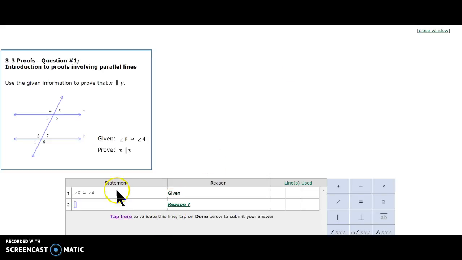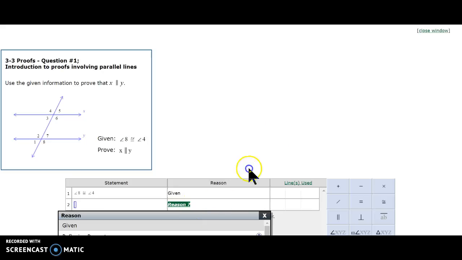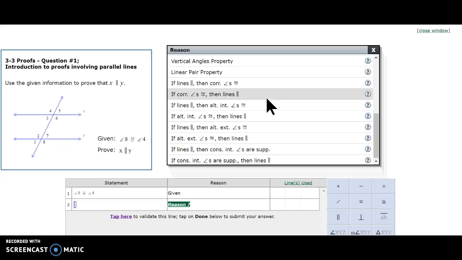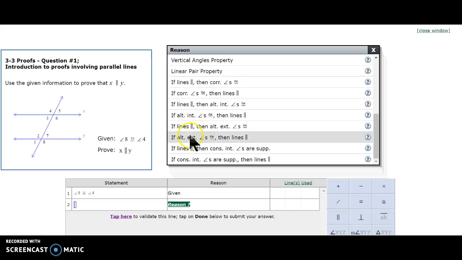So now we can say, these are alternate exterior angles, and if they are congruent, let's take a look at the reason. If you look at the reason, let me bring the window up. If you scroll down a little bit, you'll see something that mentions two things actually. If lines are parallel, then alternate exterior angles are congruent. And the next one is if alternate exterior angles are congruent, then lines are parallel. They sound very similar, but they are quite different actually.